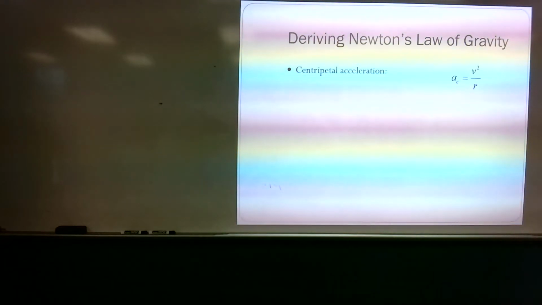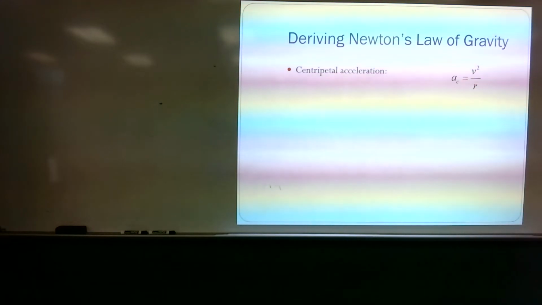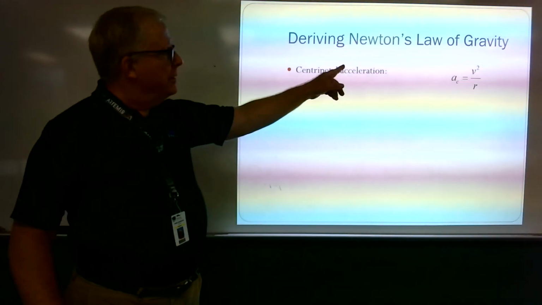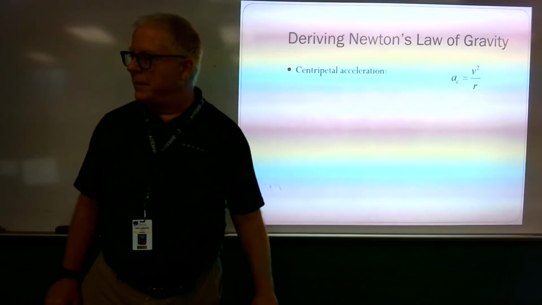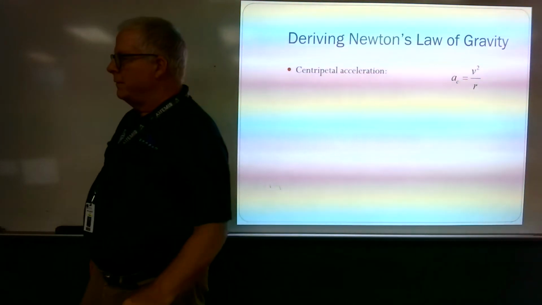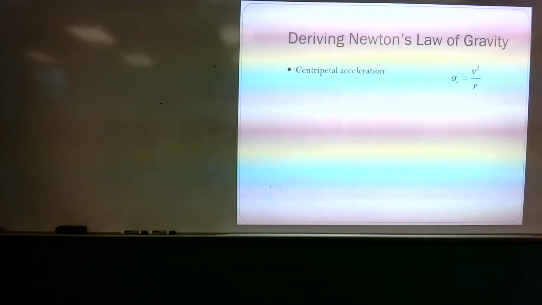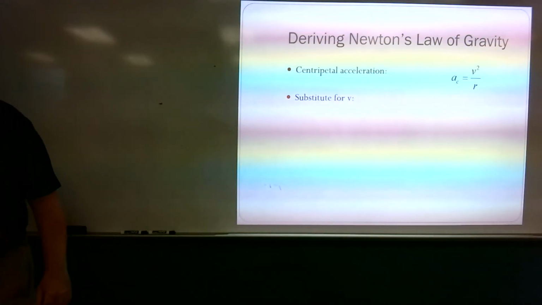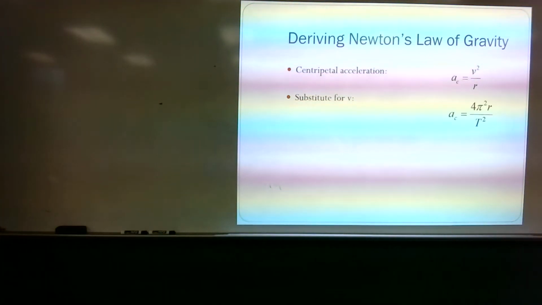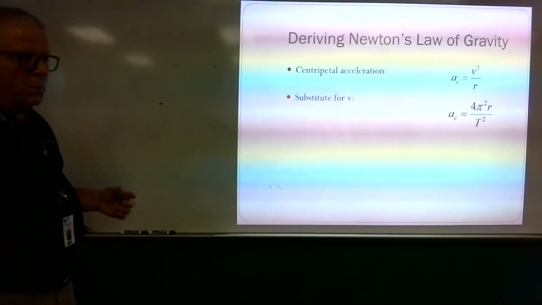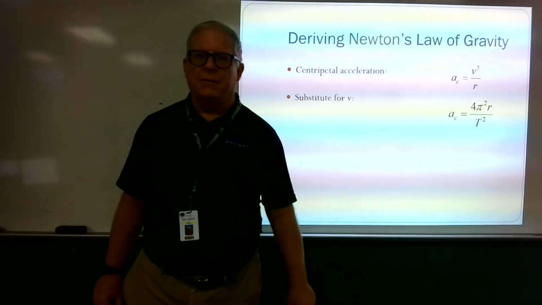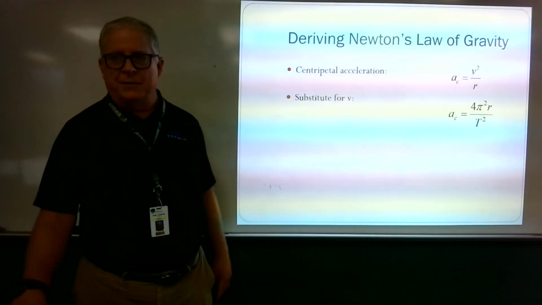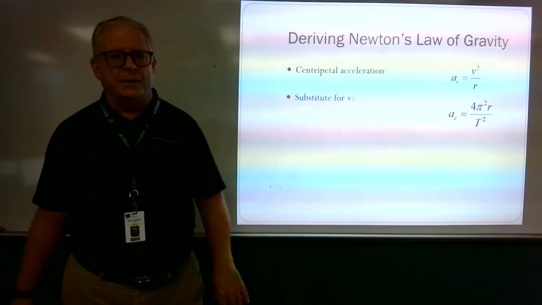So we know that if something is going to be in orbit, traveling around in a circular path, it must have an acceleration towards the center equal to its speed squared divided by the radius of its orbit. Now, for the speed, let's put in that the speed is the distance it travels divided by the time it takes to travel that far. In one path around the sun, 1 year for this planet, it's going to travel a distance of one circumference, which is 2 pi times the radius.